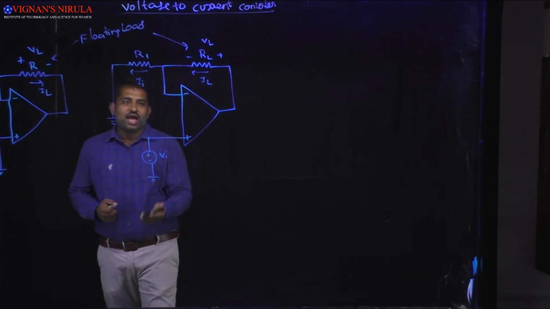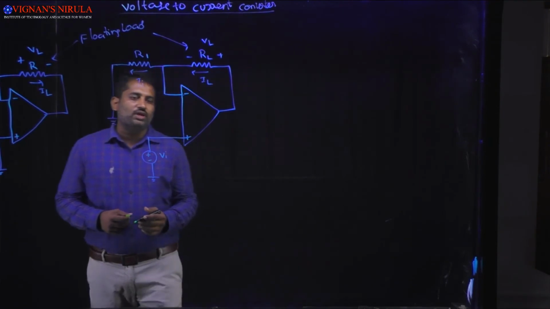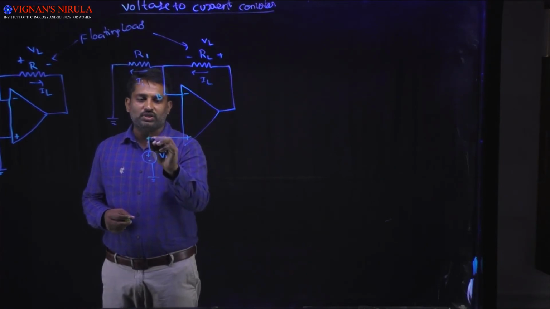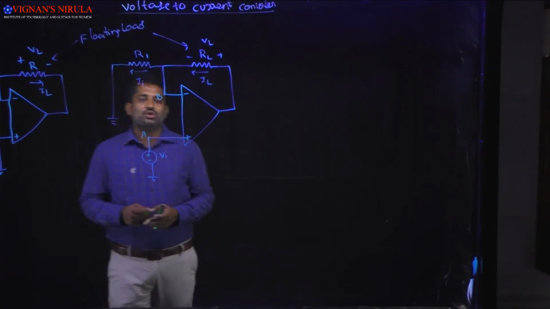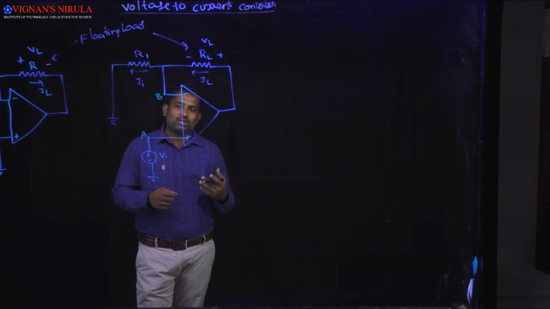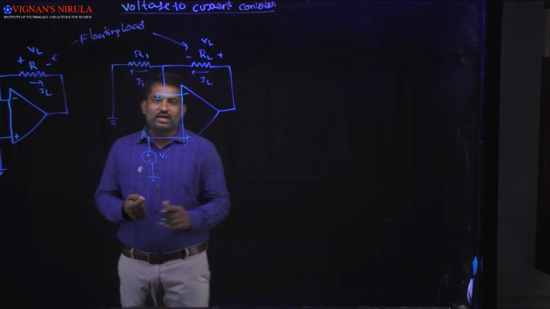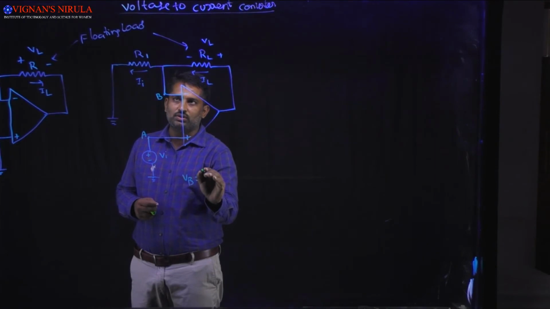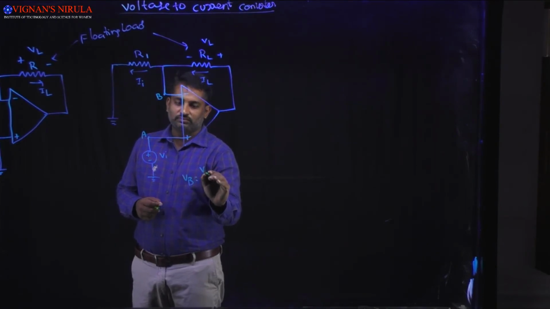Here I am considering the non-inverting op-amp circuit, and the potential at B is equal to, and the potential at A should be calculated. By using the virtual ground concept, the potential at A will be equal to the potential at B. So now I am going to calculate the VB value first. VB is equal to VA.